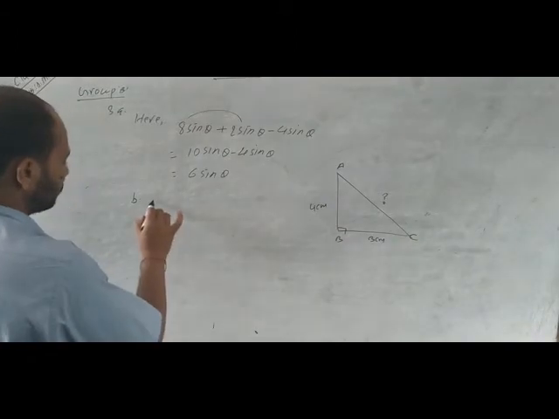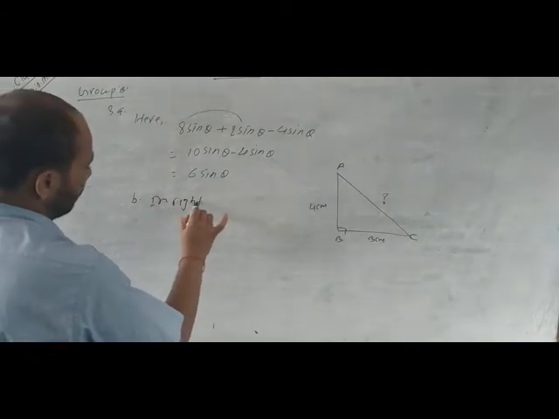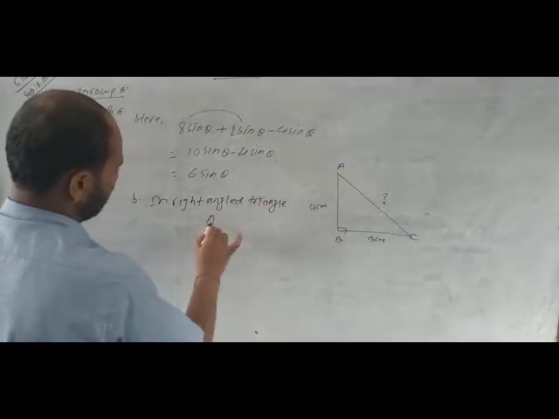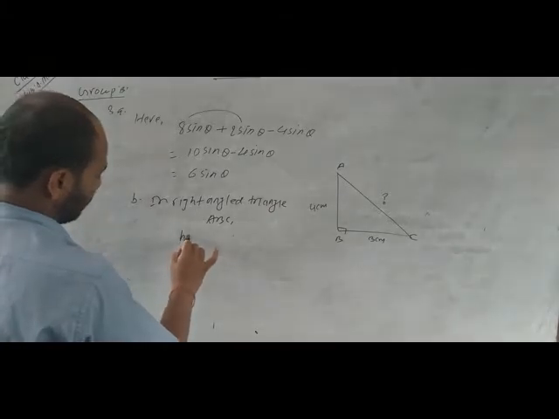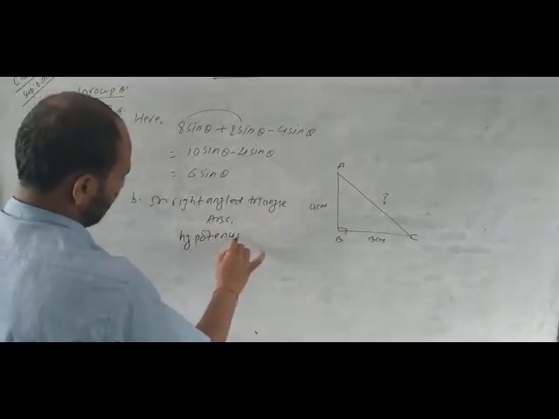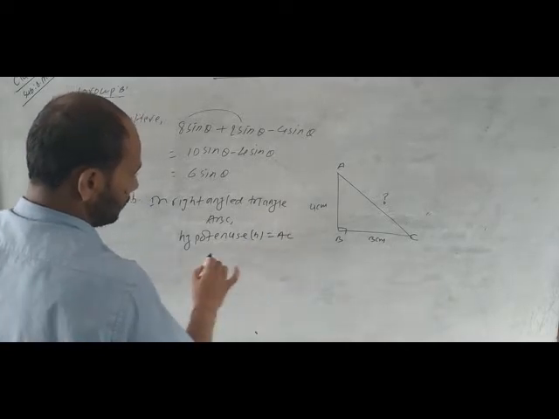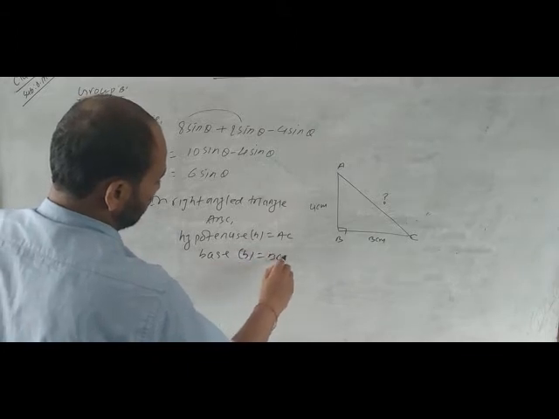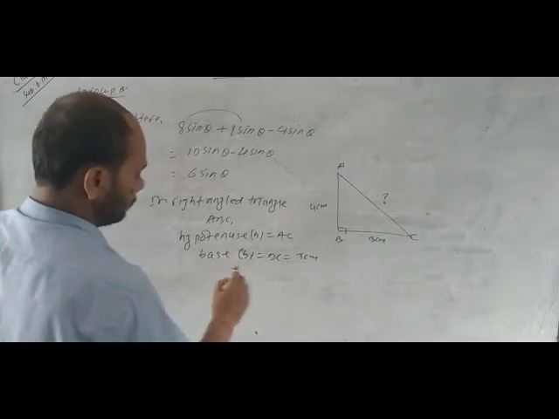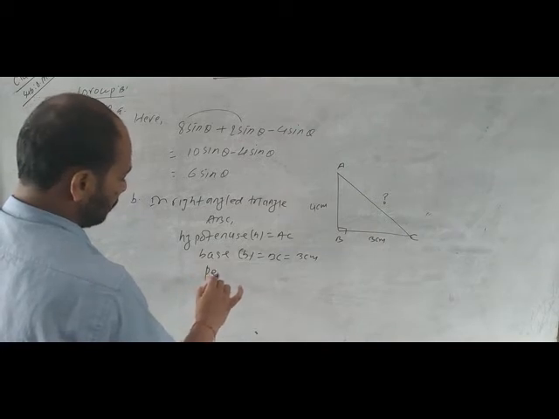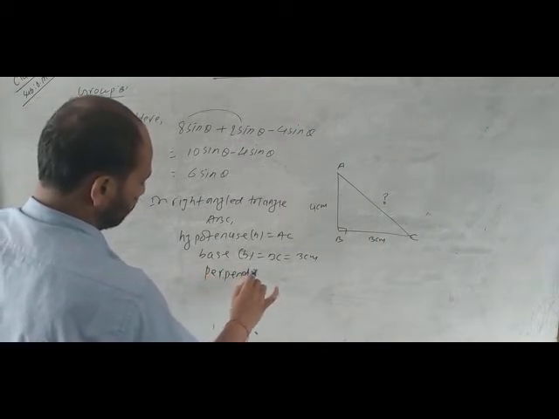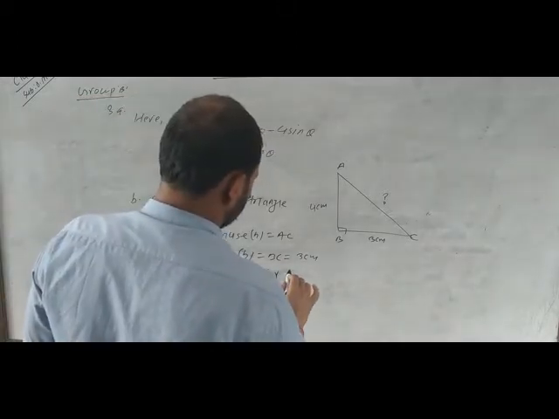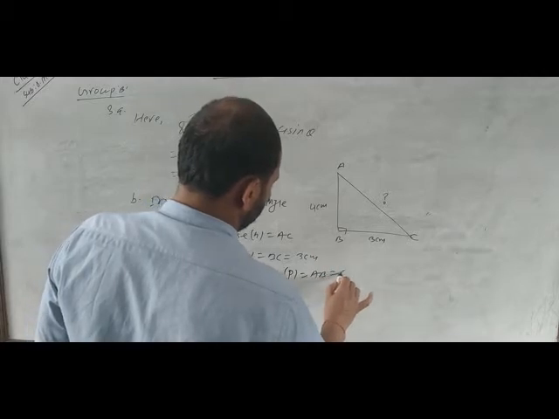So now look here, in right angle triangle ABC, hypotenuse H is equal to AC, base B is equal to BC is equal to 3 cm, perpendicular P is equal to AB is equal to 4 cm.